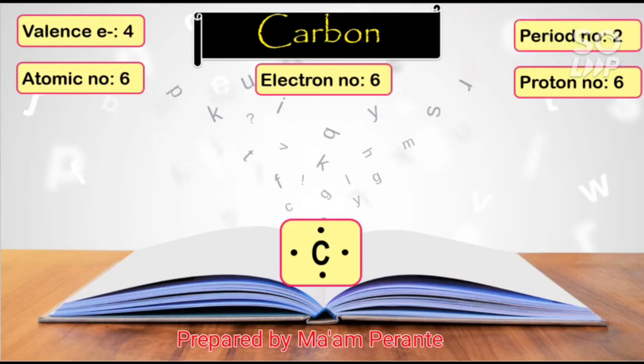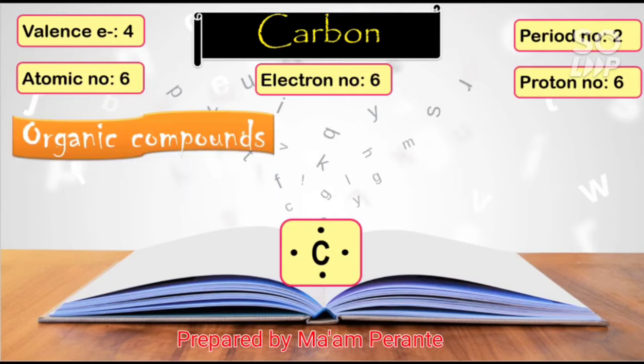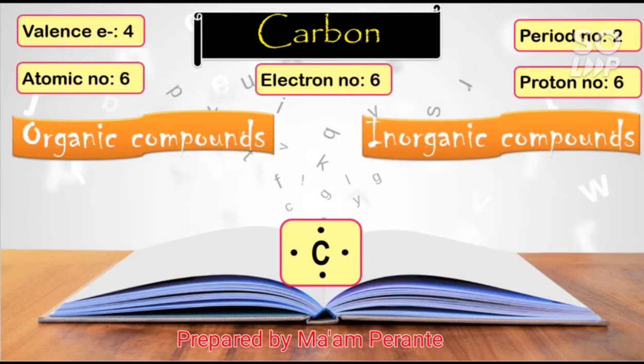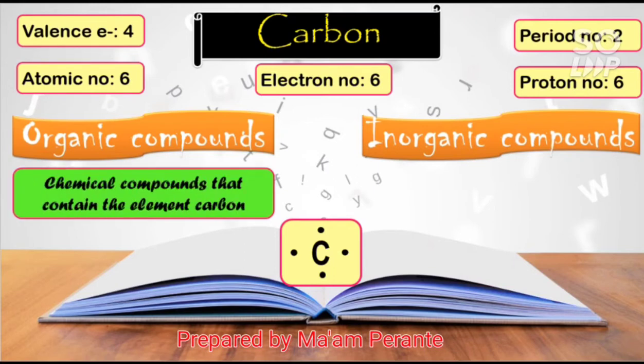So carbon is very important in our everyday living. But take note that there are two kinds of compounds that we are going to study in this module. And that is organic and inorganic compounds. So what is the difference between the two? When I say organic compounds, these are the chemical compounds that contain the element carbon.